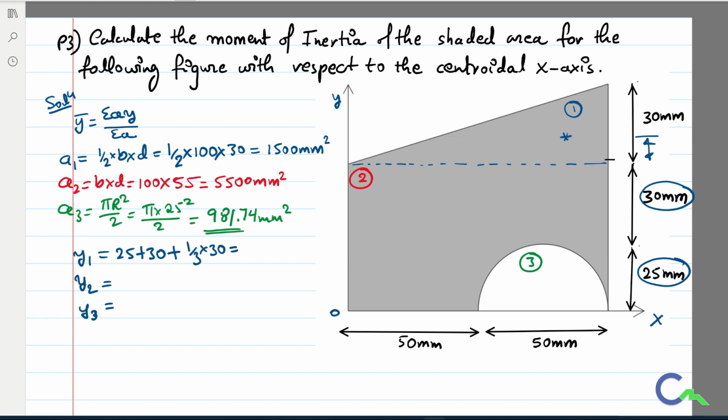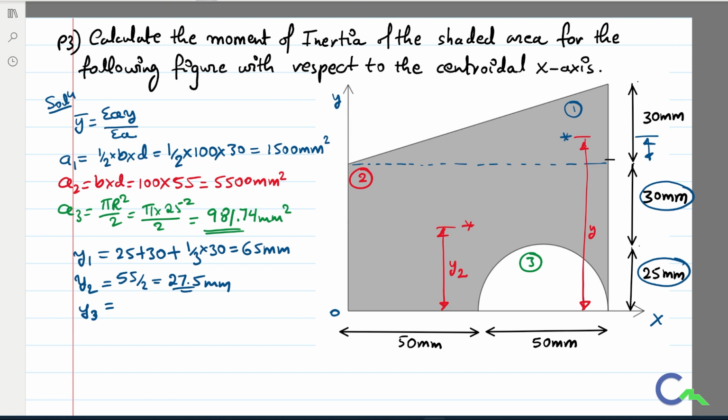So this distance is 65 mm. Y2 is the distance to the centroid of the second figure from the OX reference axis. Directly I can say that it is 55 divided by 2, that is 27.5 millimeter.